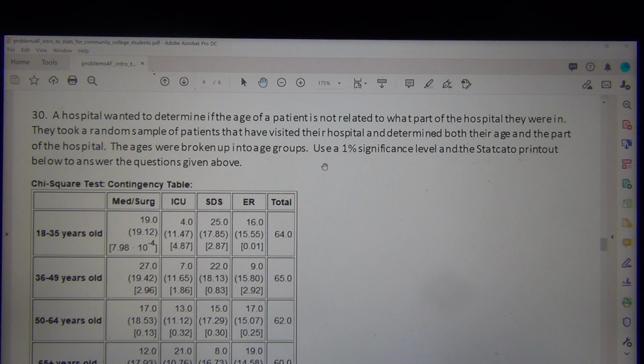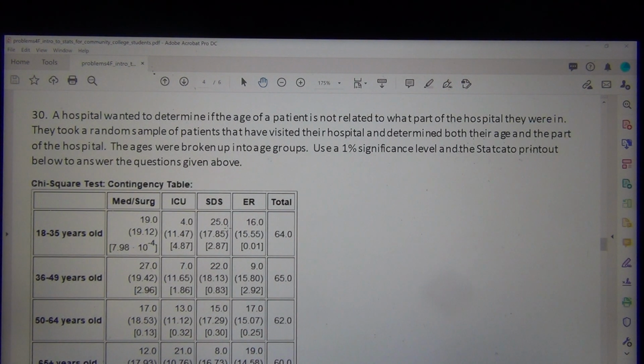So in the categorical association test, the null hypothesis will be that they are not related. The two categorical variables are not related. So the age of the person is not related or independent of where they go in the hospital. The alternative hypothesis will be that they are related or dependent. So the age of the person is related to where they go in the hospital.